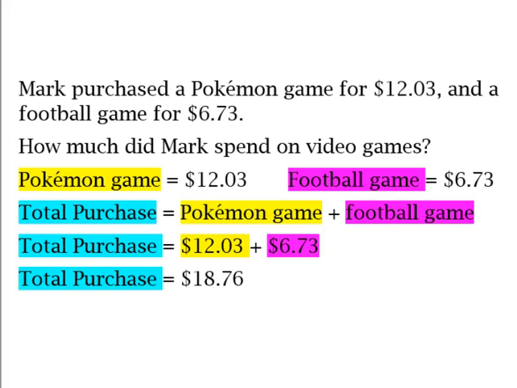So let's look at this problem. We have our Pokemon game, and that's $12.03, and the football game is equal to $6.73. So we are going to set up our total purchase is equal to the Pokemon game plus the football game.